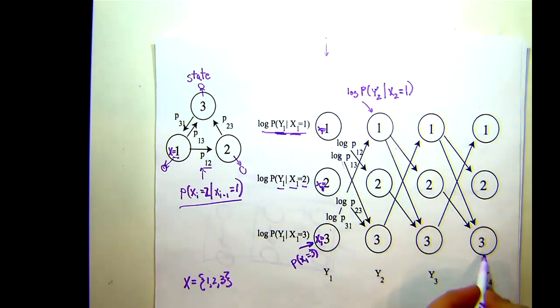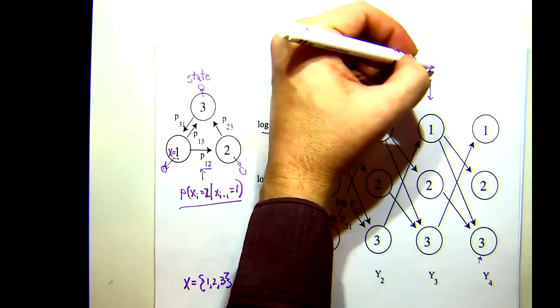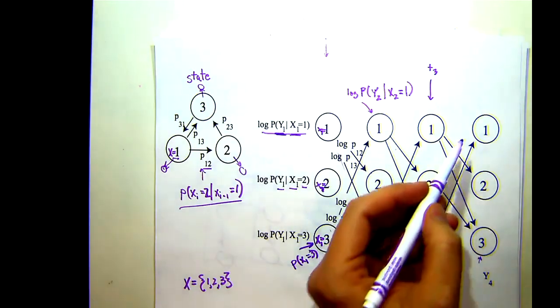So we ignore this last step just because of how we're going to do it. And what we're going to look at is when we're at time 3, we're going to consider the cost to go. So what is the cost at time 3?